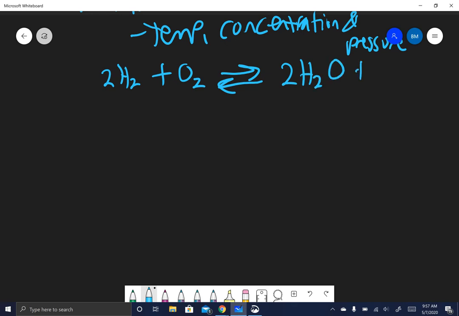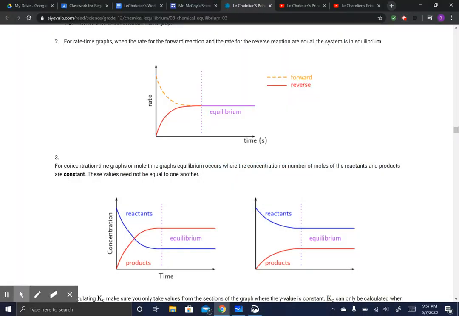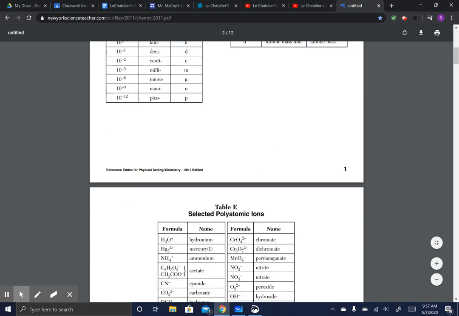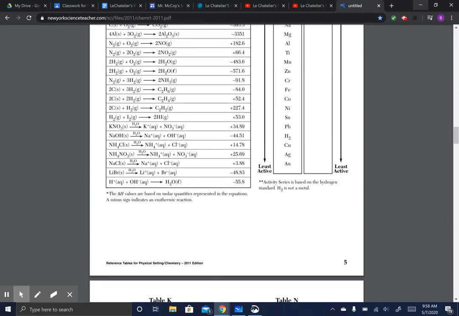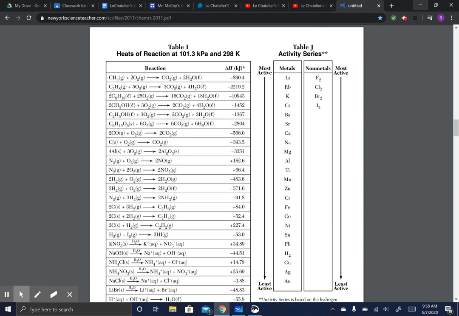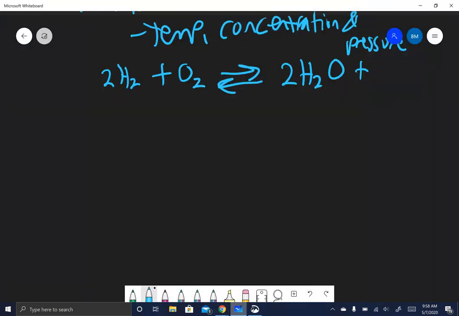All right, and now the value of delta H here, let's see if we can look this up. Got to go to table I. Sorry, I should have had this set up to save some time. Where are we? Right here. Let's do the gas. Negative 483.6. Negative 483.6 kilojoules. All right.